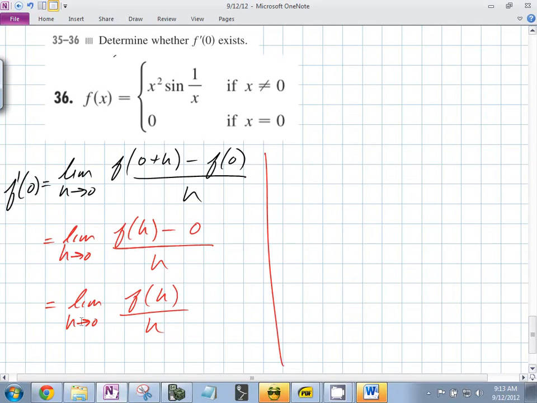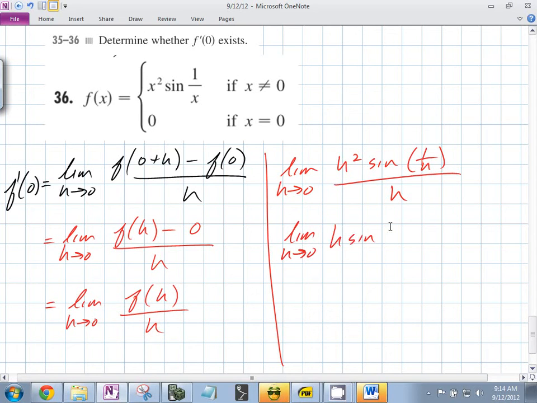The function is x squared sine 1 over x. So we end up with the limit as h goes to 0 of h squared sine 1 over h, all over h, right? So what does that equal? The limit as h goes to 0 of h sine of 1 over h.